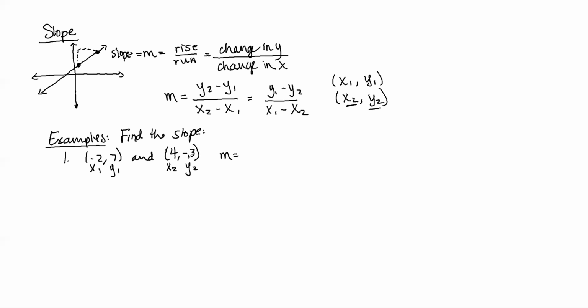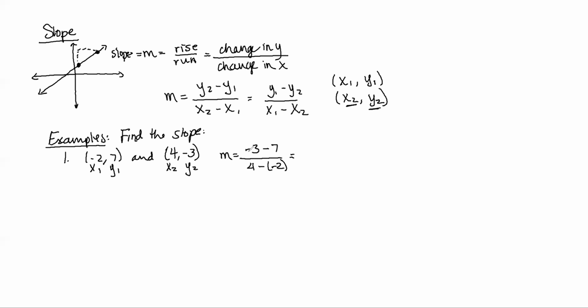So I'm going to take y2, so -3, minus y1, which is 7, over x2, which is 4, minus x1, which is -2. So be careful with your negatives. We had to subtract a negative, so I put both of those minuses in there.